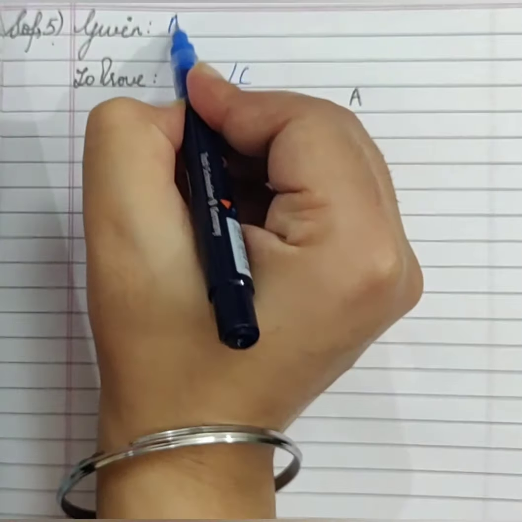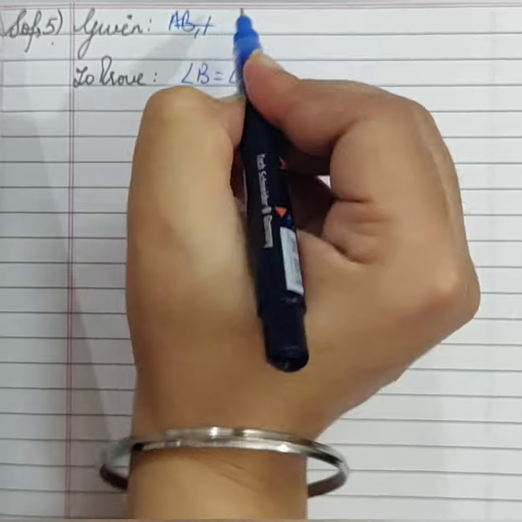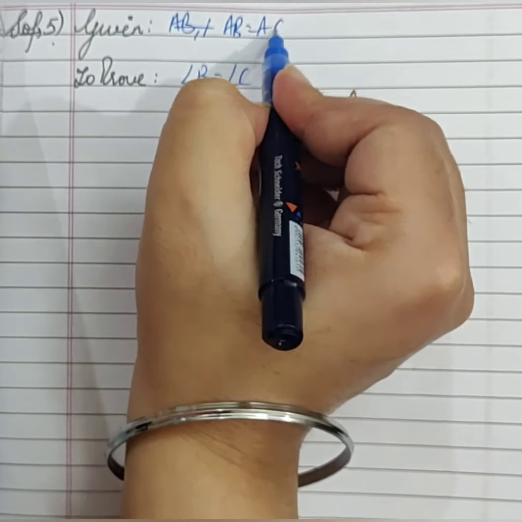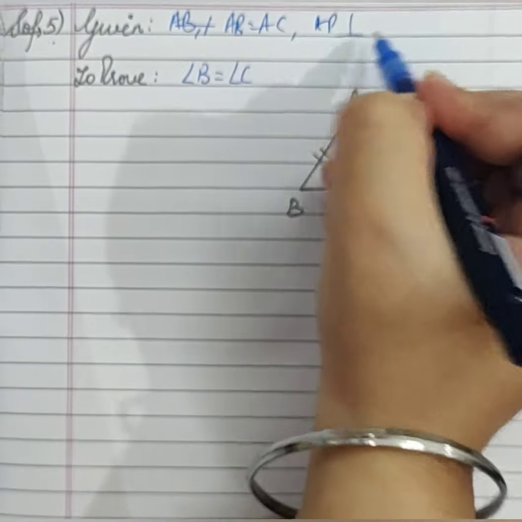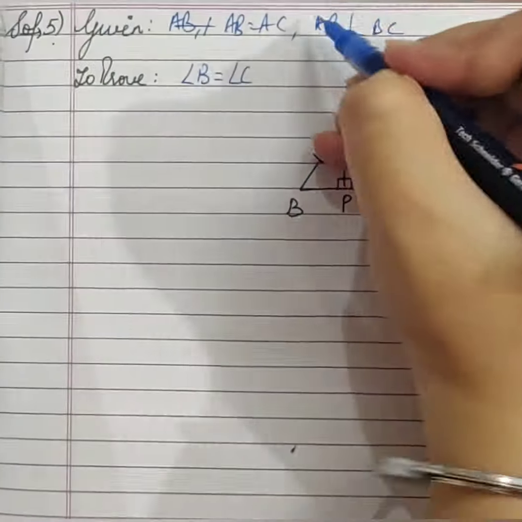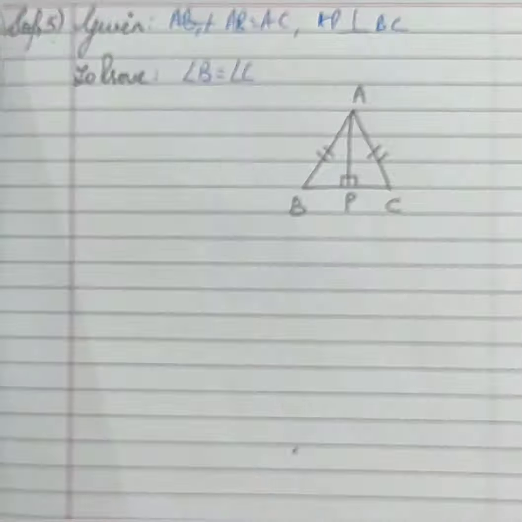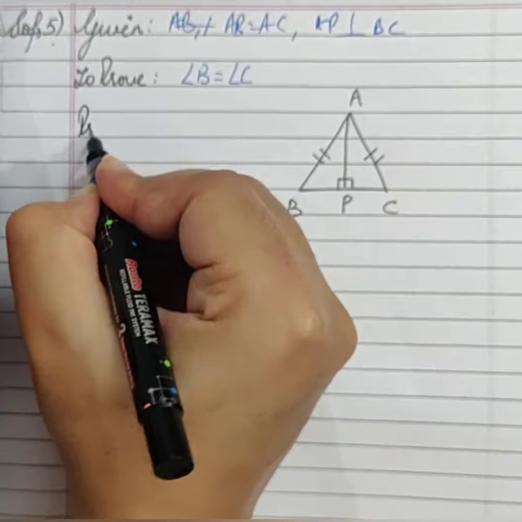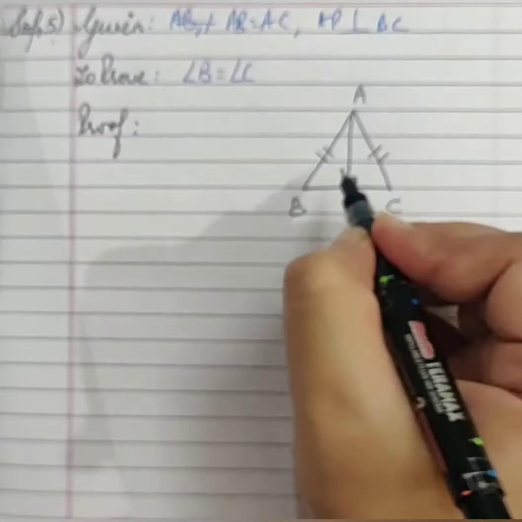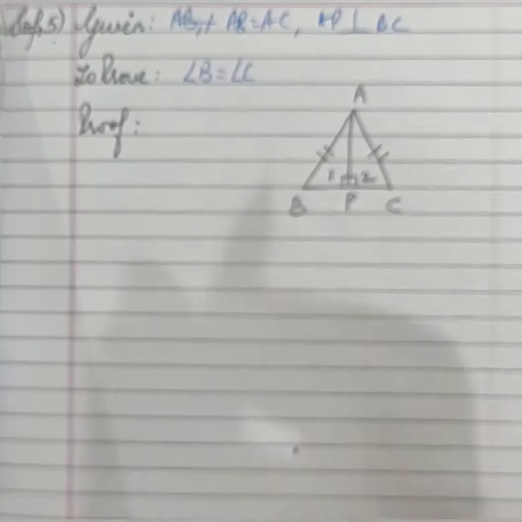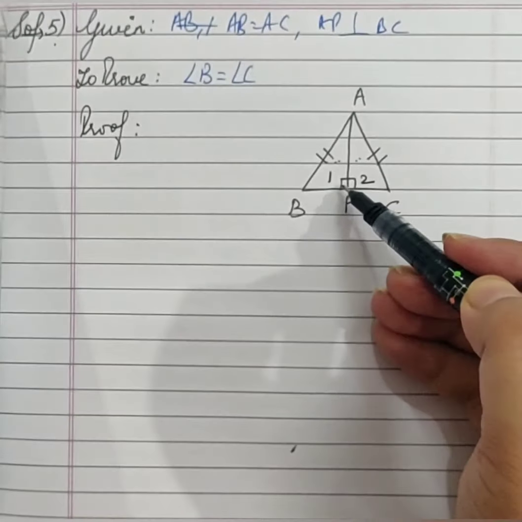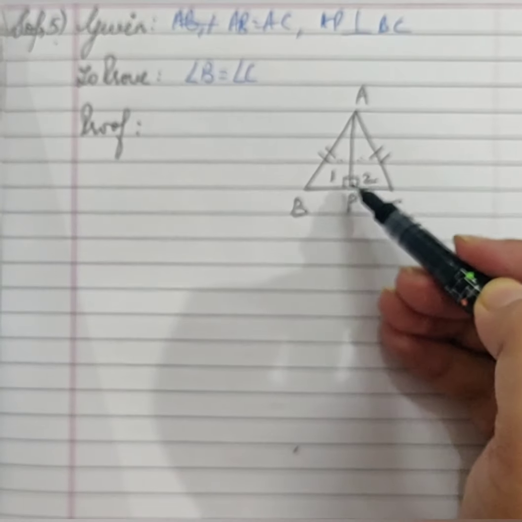So what is given? AB is equal to AC. Also AP is perpendicular to BC. Now let's look at its proof. See, if I name it as angle 1 and angle 2, in these two triangles, angle 1 is equal to angle 2, each 90.